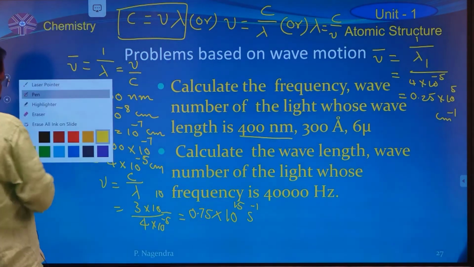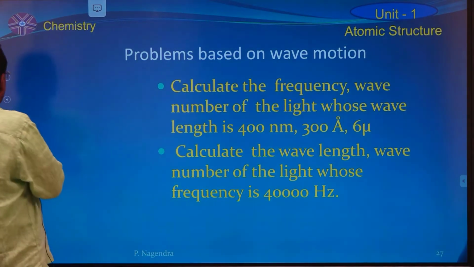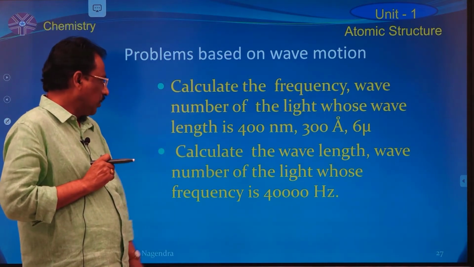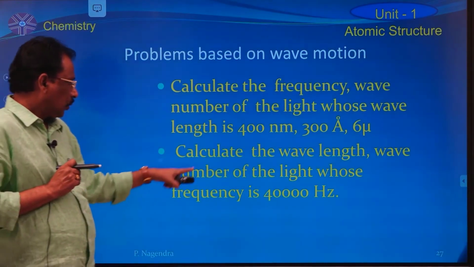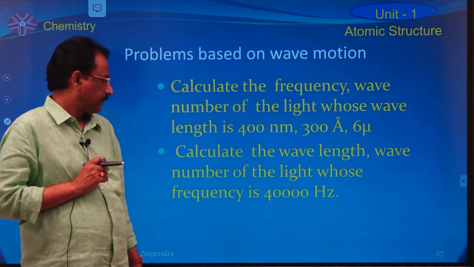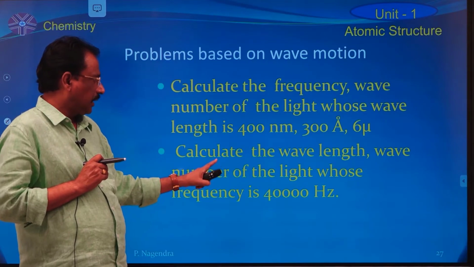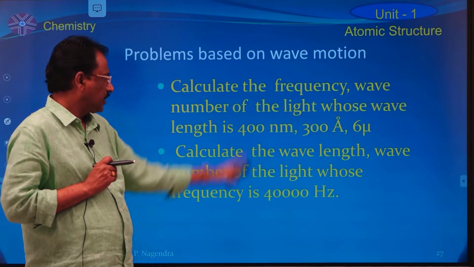Now, in the second problem, calculate the wavelength and wave number of radiation whose frequency is given. If you know the frequency, it is possible to calculate its wavelength and wave number also in a similar way.